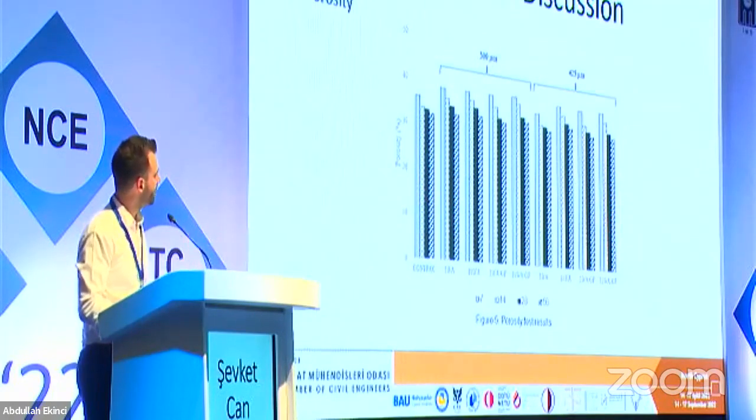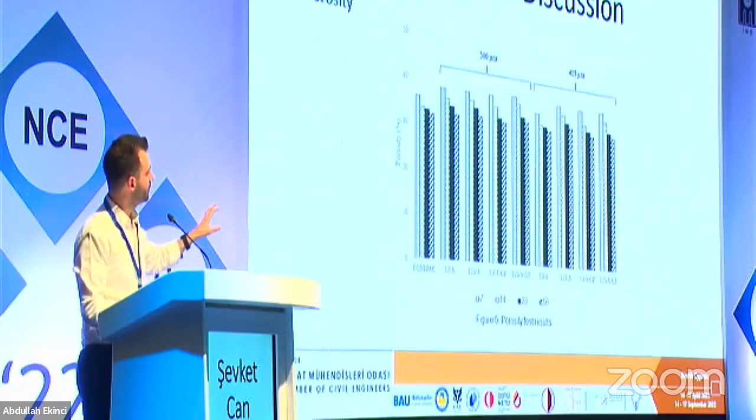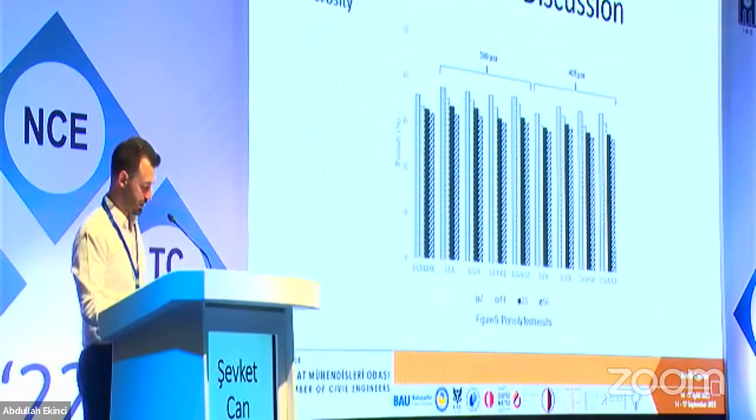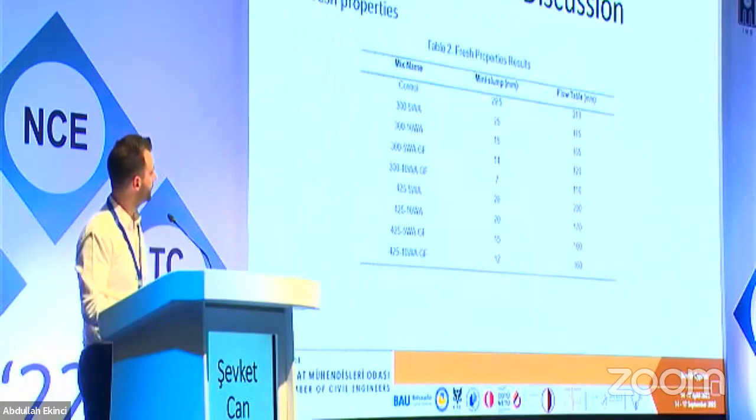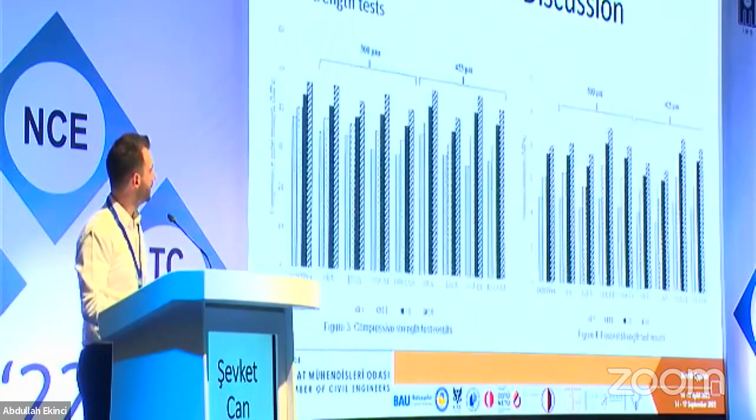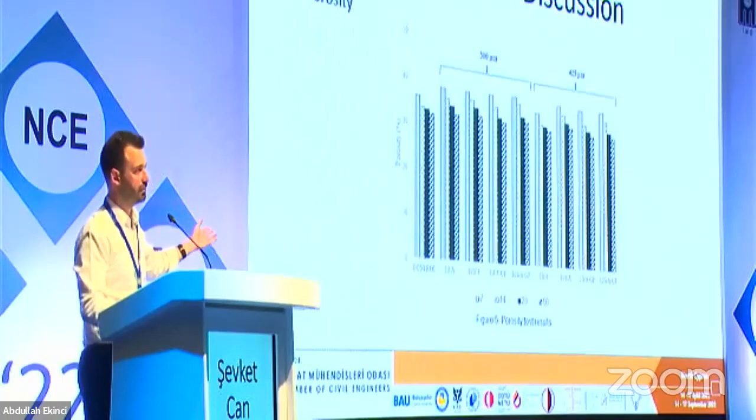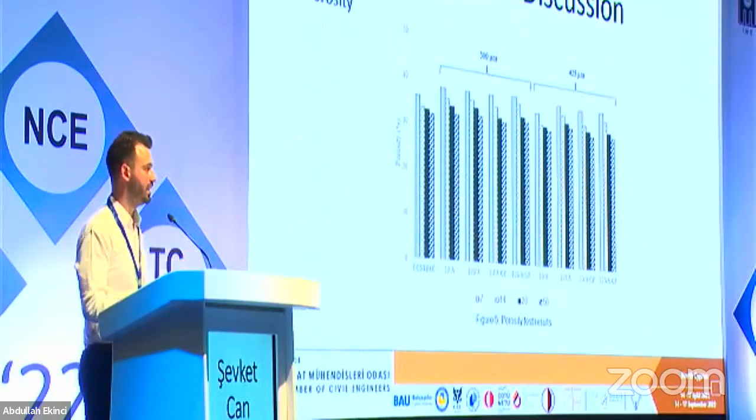When we utilize glass fiber, we observed a slight increase at the early ages, but it got compensated especially at 28 and 56 days. If we remember the fresh properties, it's quite linked: 300 micron mixes had lower slump values, thereby they are believed to have a more porous structure. That's why the porosity is increased.